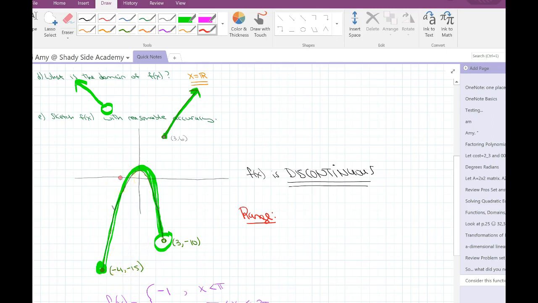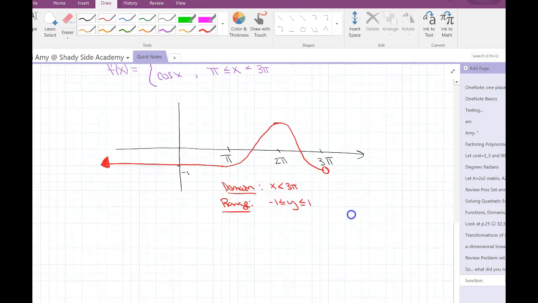So the way you write all that is, you say y is greater than or equal to 6, also y is between -15 and 1. Okay, that's how you describe the range here. All right, so that is it.